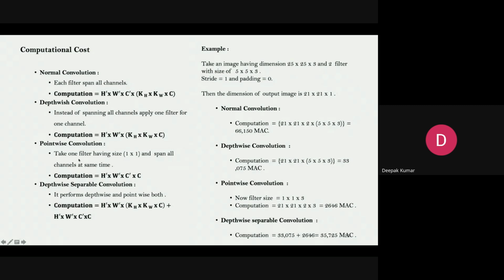And in the point-wise convolution, we have no height and width because these are 1 by 1, if you remember, right? Height and width of a point-wise kernel are only 1 into 1. So you can see the total computation of depth-wise convolution plus point-wise convolution, adding both these computations, we will get these numbers.